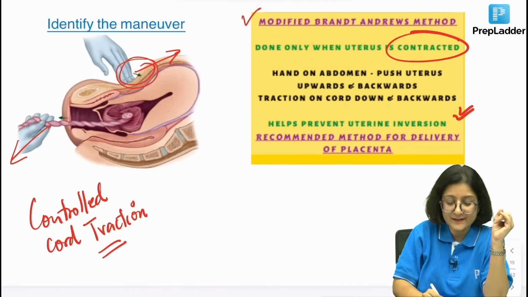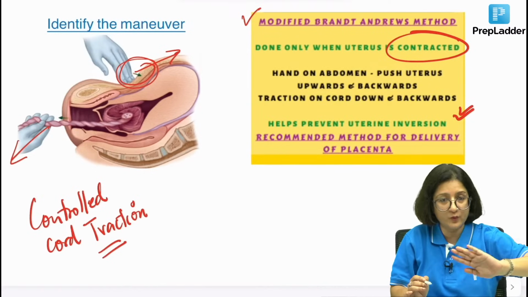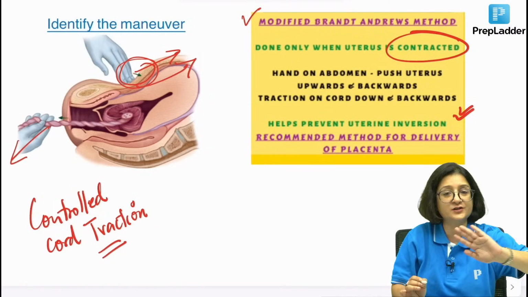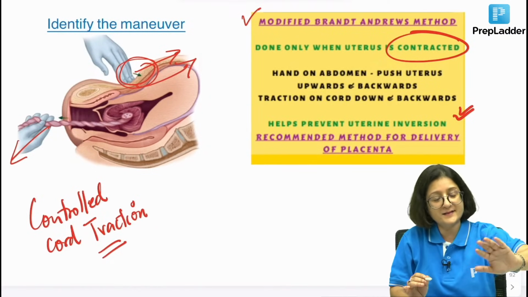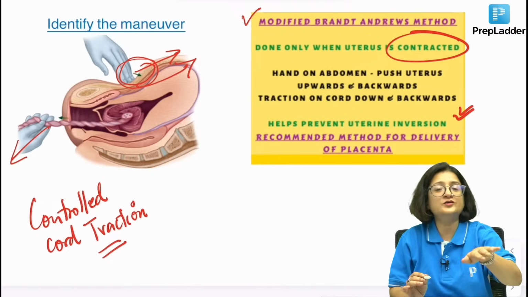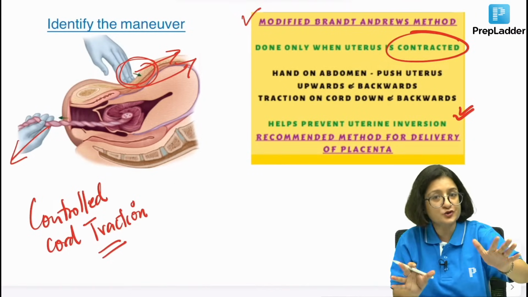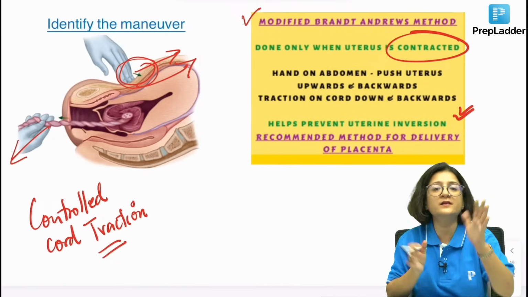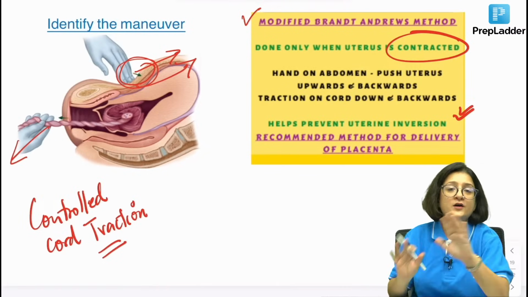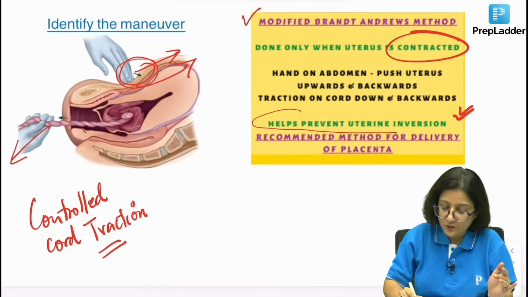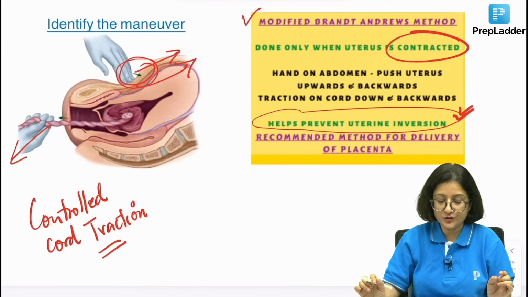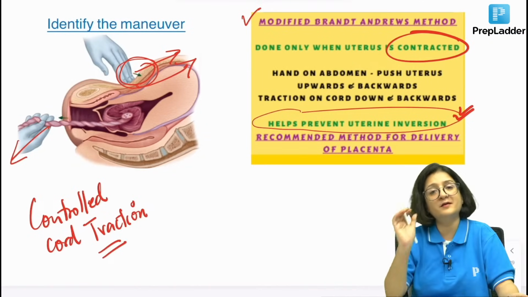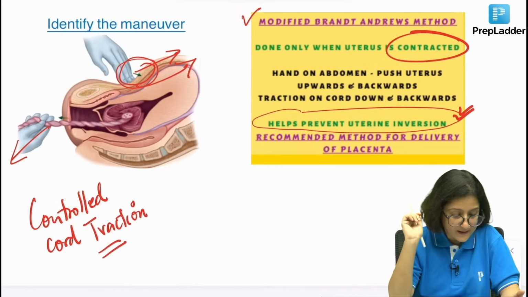Because one hand is giving counter traction in the upward direction, and at the same time, with that hand, we can also feel for the uterine contraction. So we are sure that we are pulling at the cord only when the uterus is contracting. So when properly done, this maneuver is going to help prevent uterine inversion. It is the recommended method for delivery of placenta.